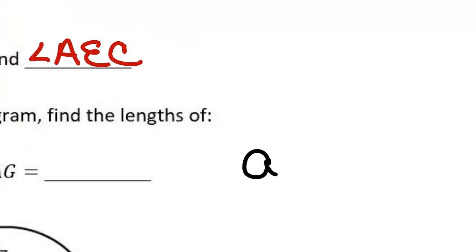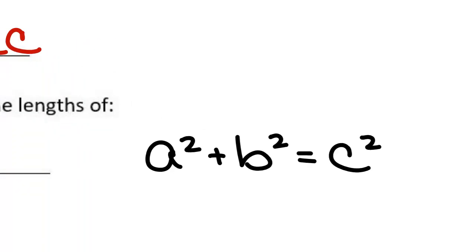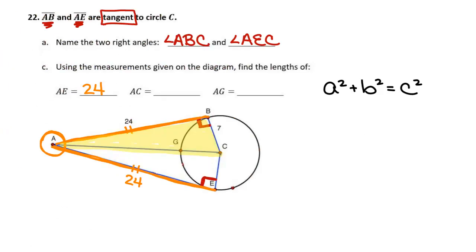What can we use to find missing sides on right triangles? Pythagorean theorem, yes. A squared plus b squared equals c squared. What part of a right triangle has to go in for c? The hypotenuse. Of that yellow triangle that I shaded in there, what is the hypotenuse?